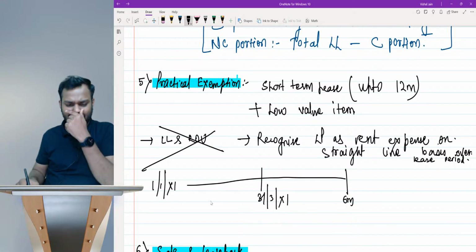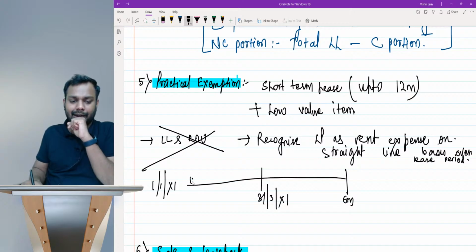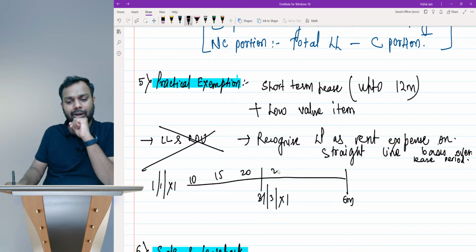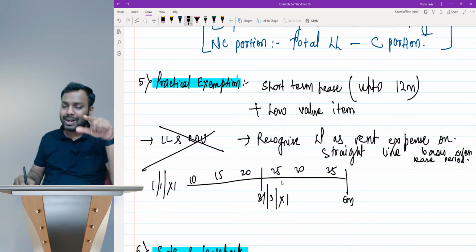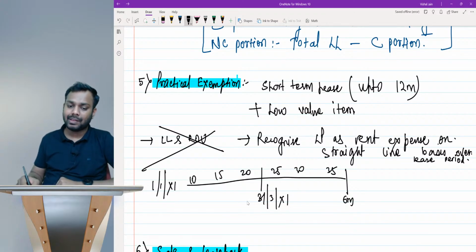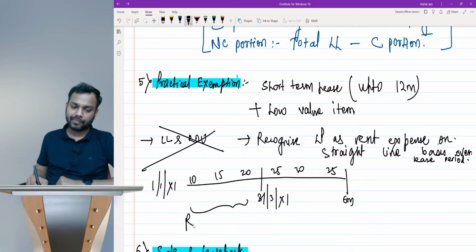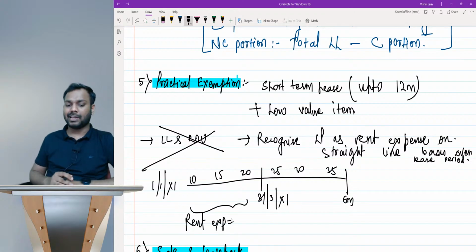The lease rent is 10, 15, 20, 25, 30, 35. Now, what is the amount of rent expense that I should recognize in this period? What is the rent expense?